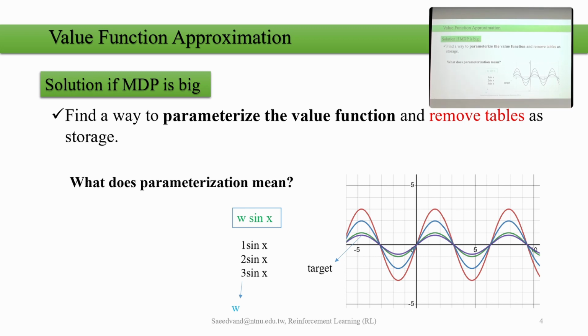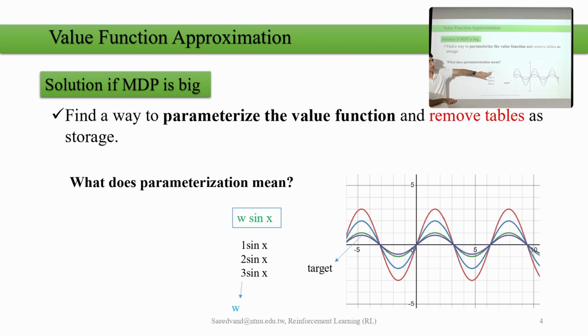So what does parameterization mean, first of all? Let's have a look at this shape over here that is representing, for example, a sun. If we consider the purple one, the smallest one, as the target, parameterization means that we can write the function w sin(x), where sin(x) has the form here.